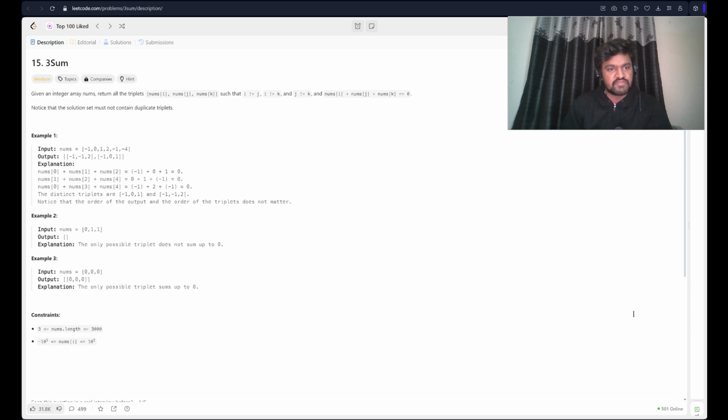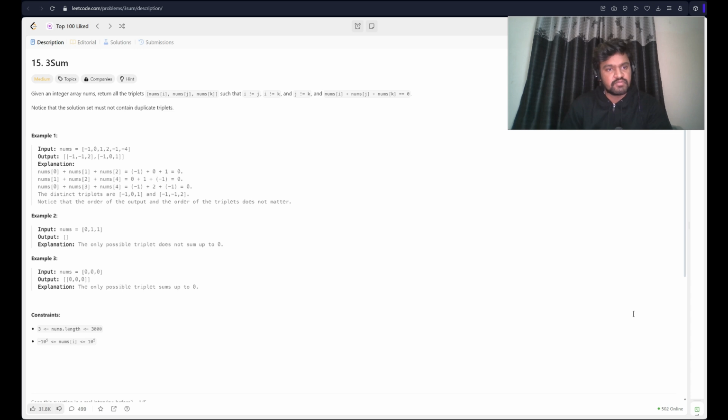Here they have given an input: -1, 0, 1, 2, -1, -4. This is a shuffled integer array, there is no order for it, and in the output we have two triplets.